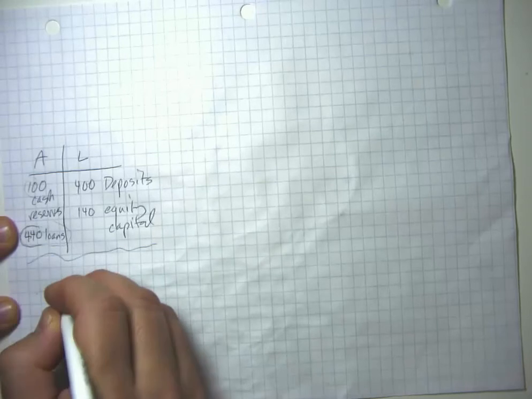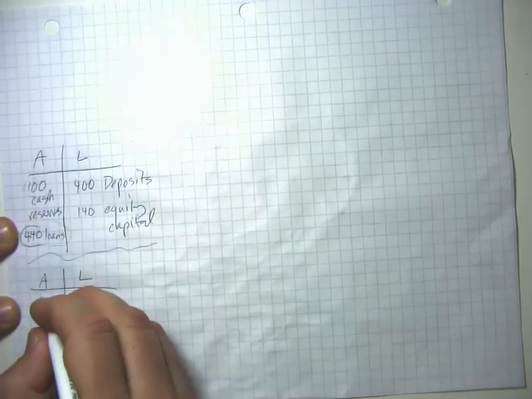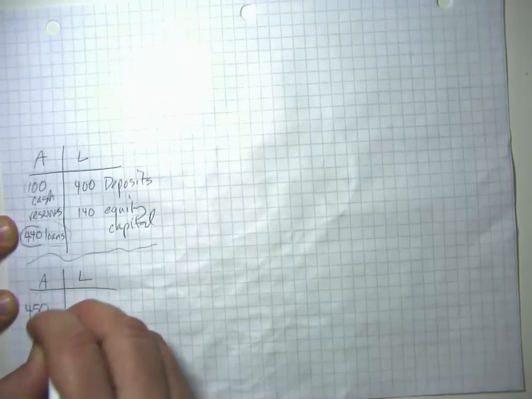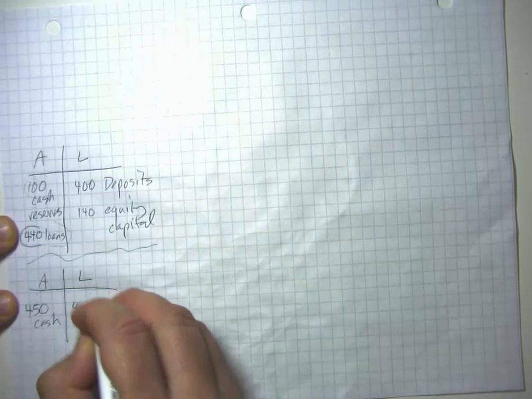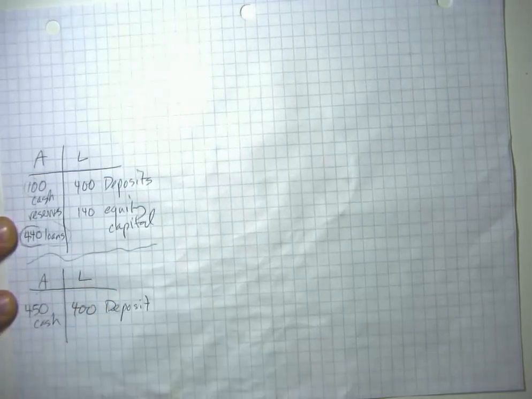So I have 100 plus 350, I have 450 cash. But I still owe my depositors 400. So my equity capital is now just 50.